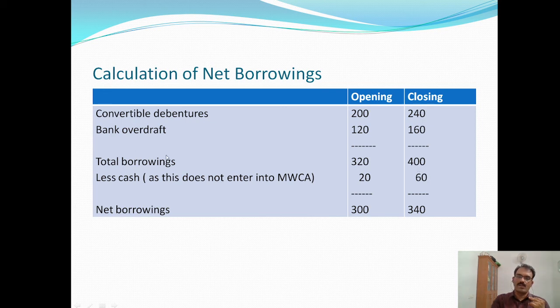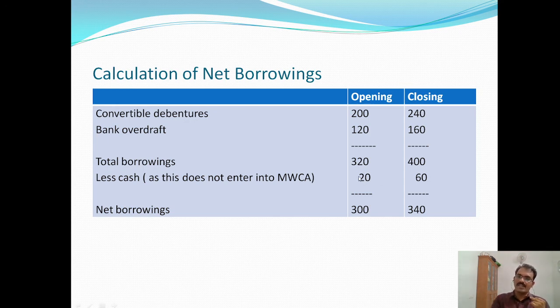That is total borrowings, convertible debentures plus bank overdraft. Opening 320, closing 400. Then from this figure we have to deduct cash, because cash does not form part of monetary working capital adjustment. So cash should be deducted from total borrowings.